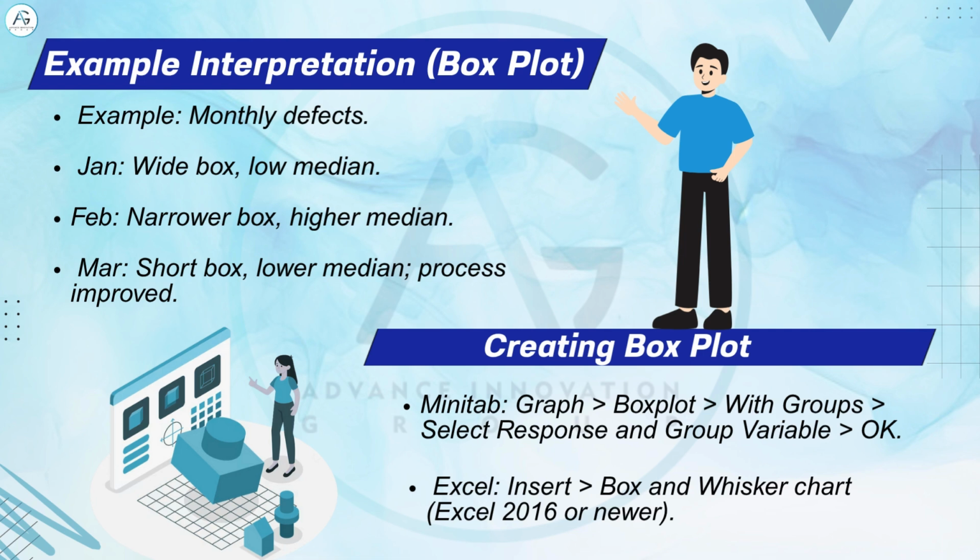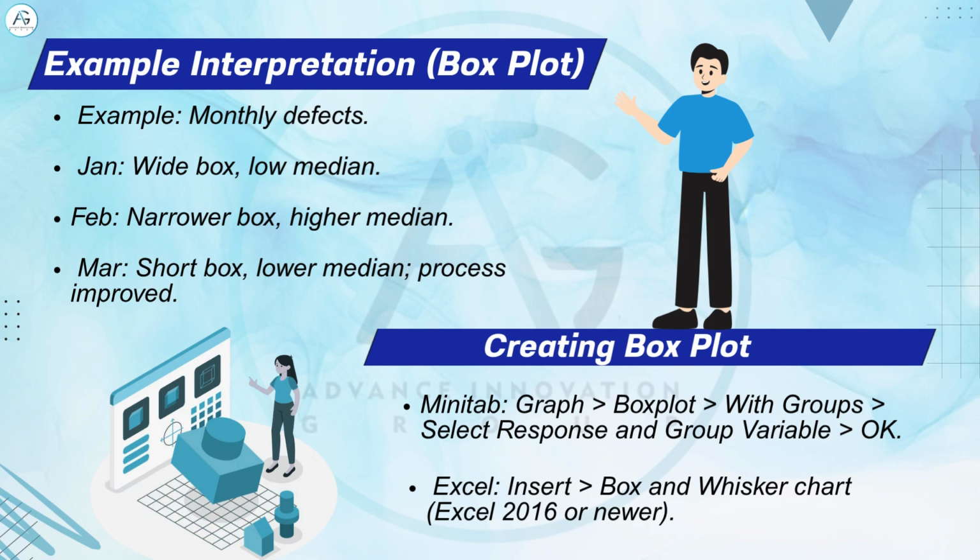Creating a box plot. In Minitab, go to Graph, greater than box plot, greater than with groups. Then select your response variable, what you're measuring, and the group variable like month, shift, or machine, and click OK. In Excel, version 2016 or newer, go to Insert, Box and Whisker Chart.